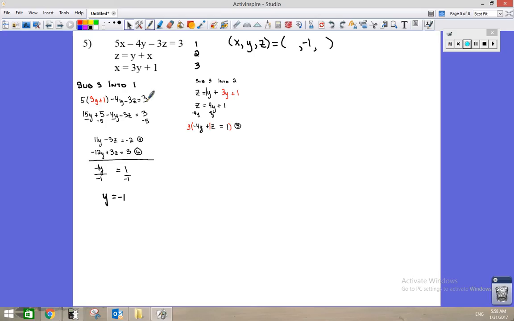It doesn't matter which one I pick, so I'm going to pick equation 4. And instead of writing y, I know that y is negative 1. So that said 11 times y. So 11 times negative 1 minus 3z is equal to negative 2. I have one equation and one unknown, and I can solve for z.